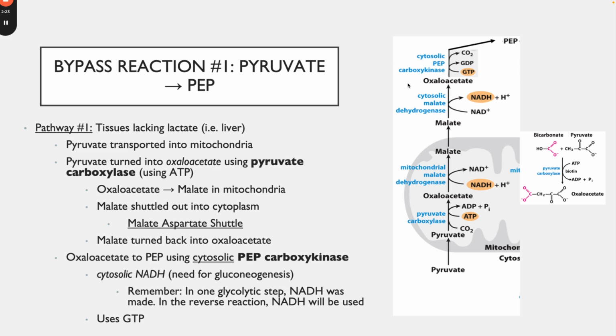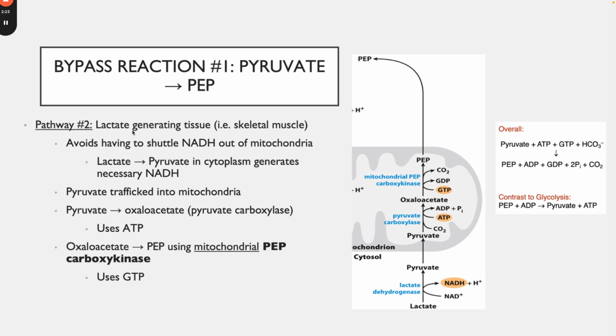And there's a reason why we have these 2 iterations: for the tissue lacking lactate, like liver, our PEP carboxykinase is only found in the cytosol of the cell, whereas in skeletal tissue that generates lactate, our PEP carboxykinase is only found in the mitochondria. So that's the distinction why we have these two different pathways in the first place: the PEP carboxykinase is in different regions depending on the tissue. So that's something you just have to memorize. I don't know necessarily the physiology of it.